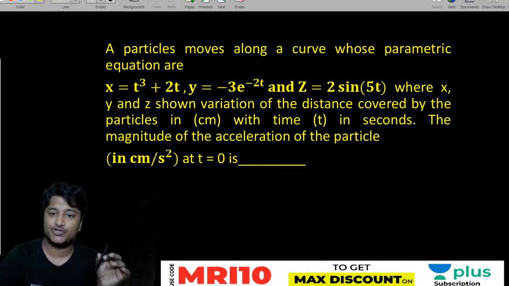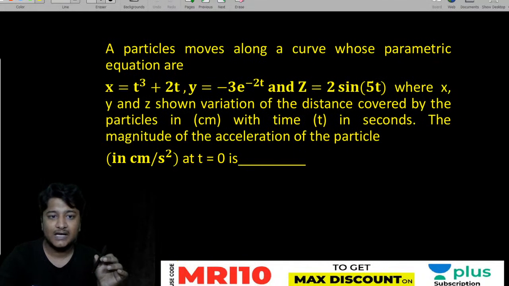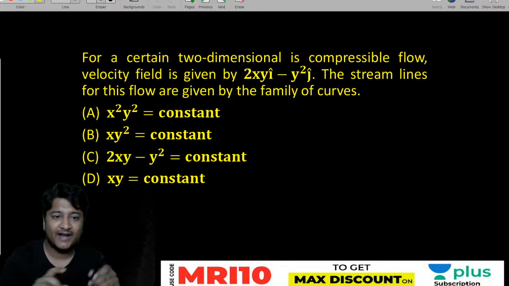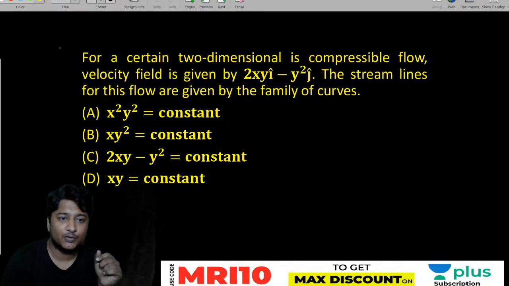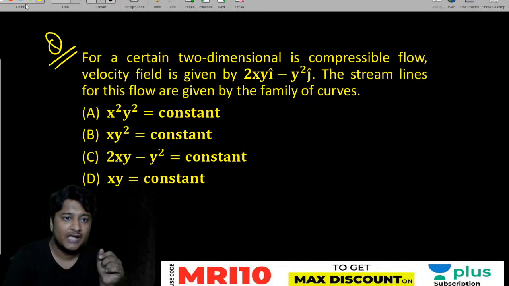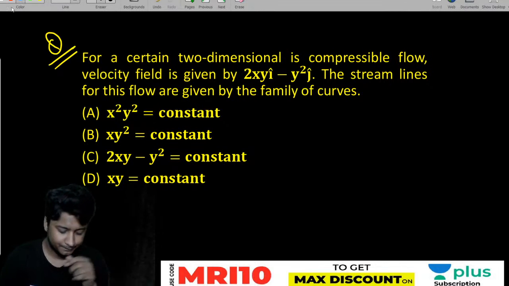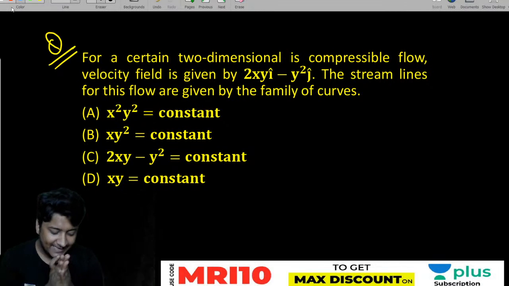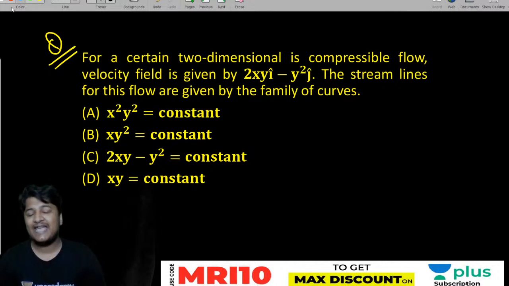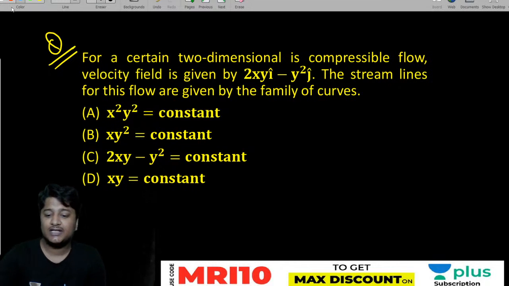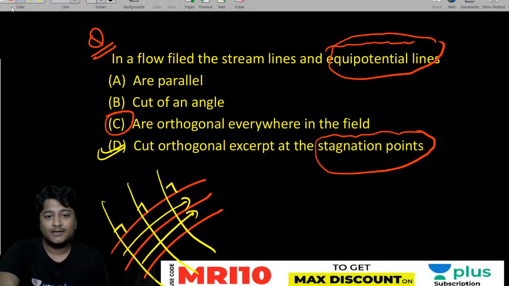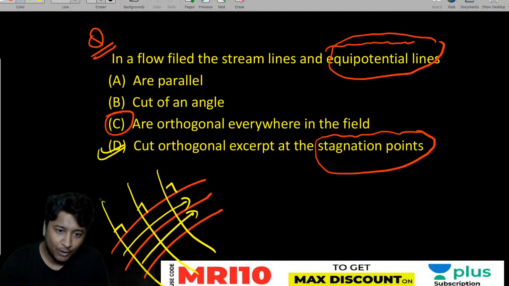We are going to the next question. Try this one. Everyone try this question. What is an equipotential line? A line having the same potential. At every point the potential will be the same. The potential energy will be the same.